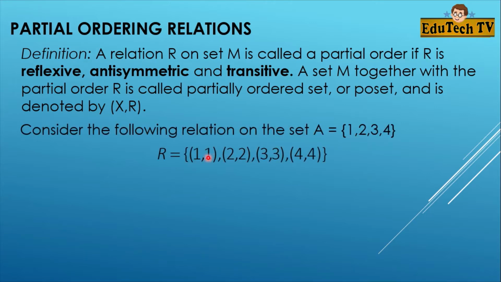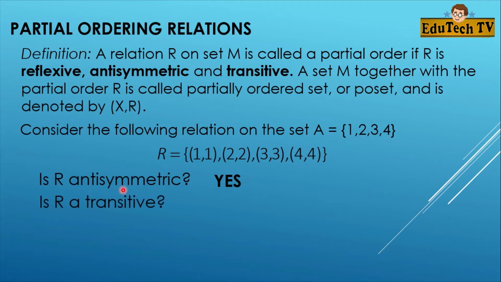R: 1, 1, 2, 2, 3, 3, 4, 4. So this one is a partial ordering relation because it is antisymmetric. Okay? Because 1 equals 1, 2 equals 2, 3 equals 3, 4 equals 4.